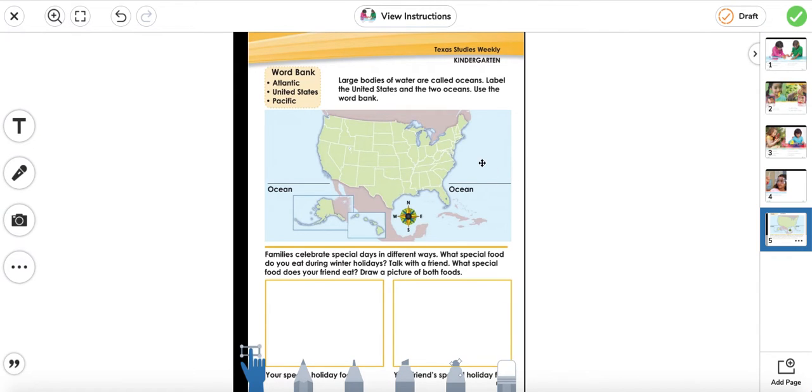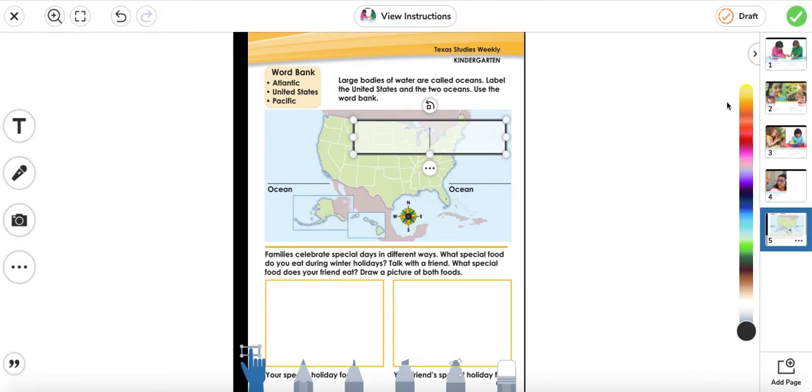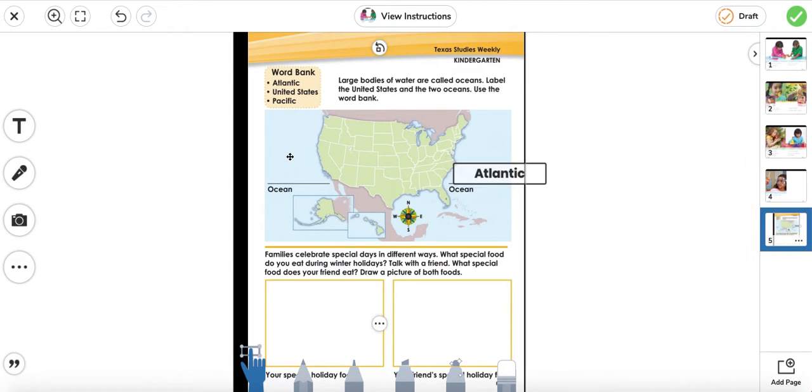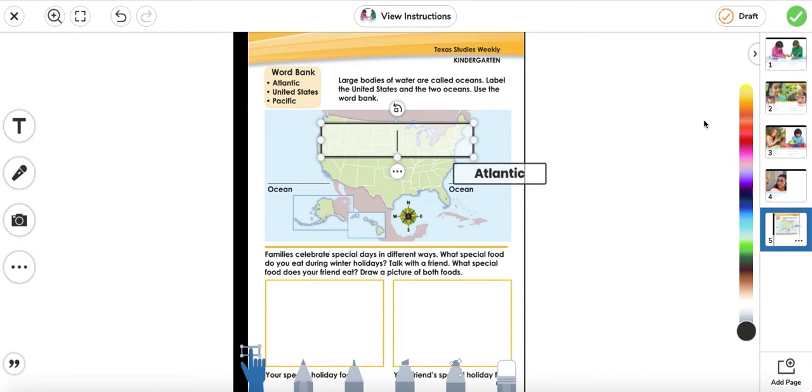Yes, it's over here. So we're going to go ahead and type it out. Atlantic. The Atlantic Ocean is over here on this side. And over here we have the Pacific. Oh, we don't need to put ocean because it already says ocean.